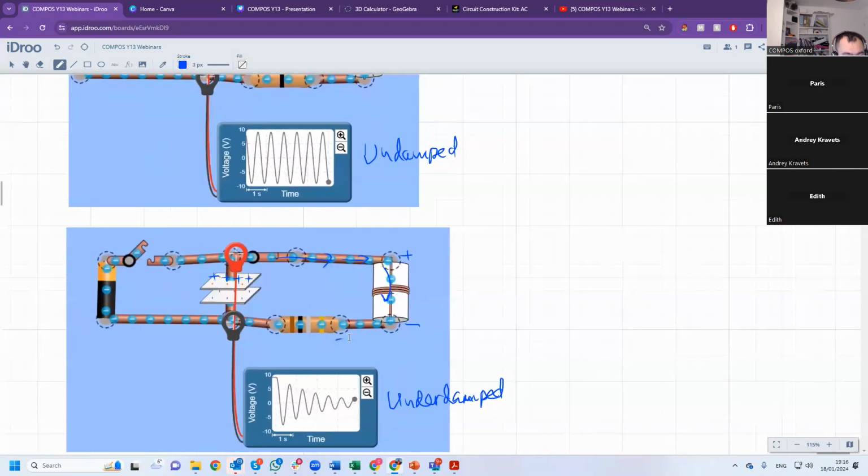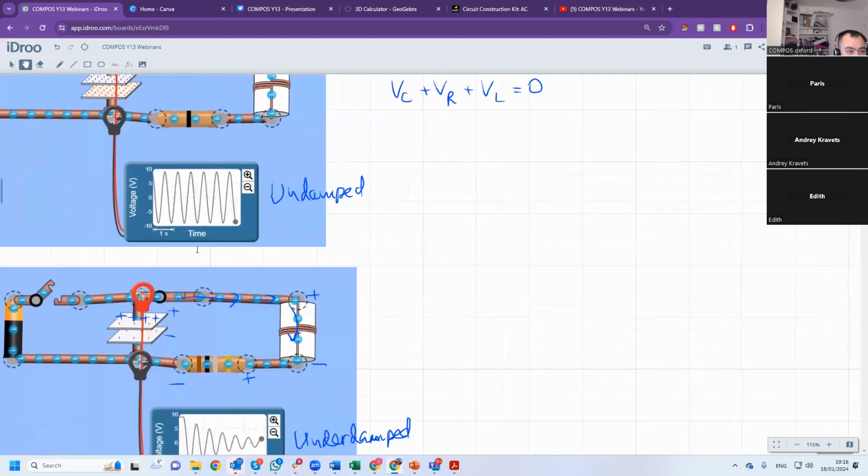So in fact, it's going to be V on C, that's going to be positive, minus VL and minus VR.